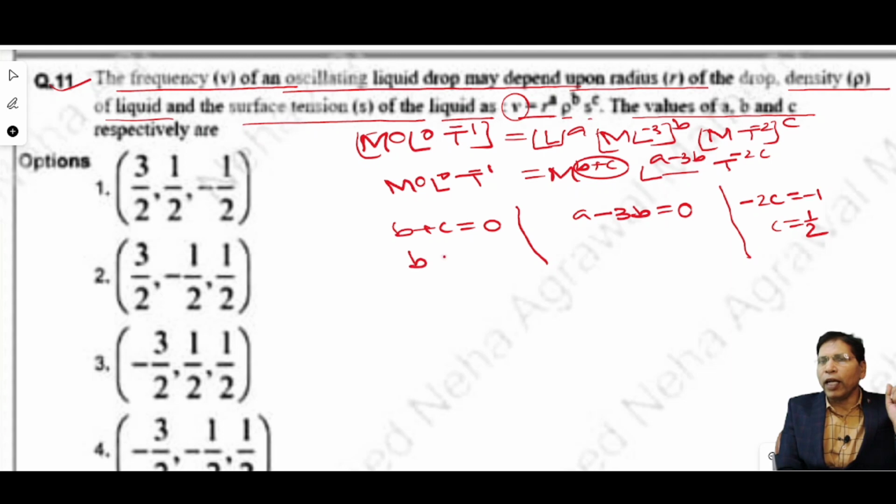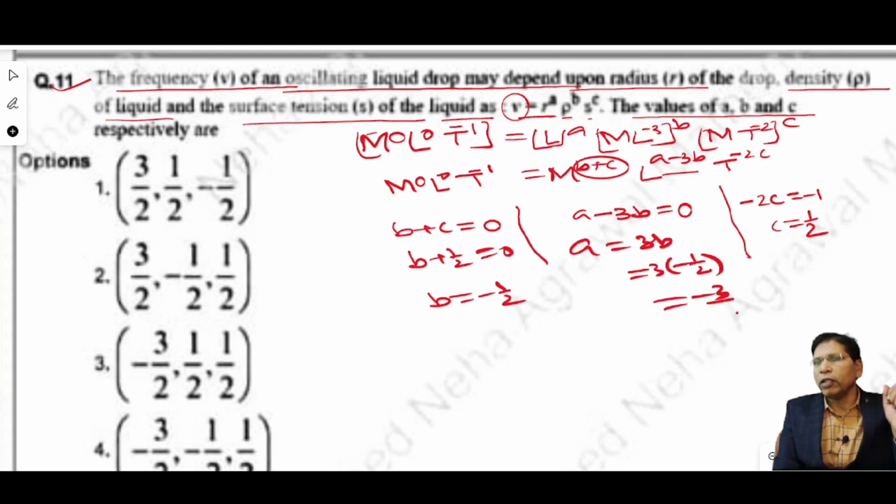Now B plus half equals 0, so B equals minus half. Now A equals 3B, therefore 3 into minus half, so A is minus 3 by 2. So A is minus 3 by 2, B is minus half, and C is half. So option 4 is correct.